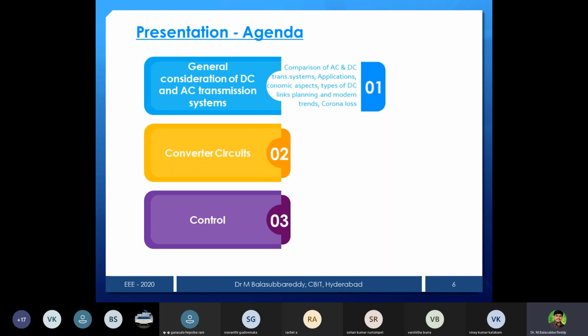Anyhow, I will come to that part after the syllabus coverage. There are other types of DC links, then planning for HVDC transmission, then modern trends in HVDC technology, because the latest advanced technologies used in HVDC transmission will be covered there.